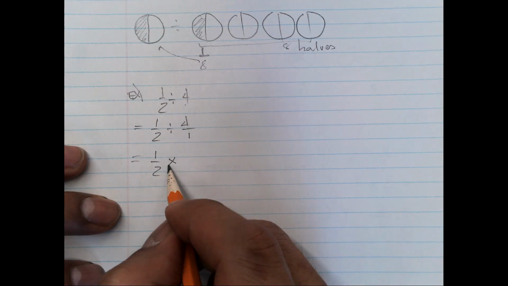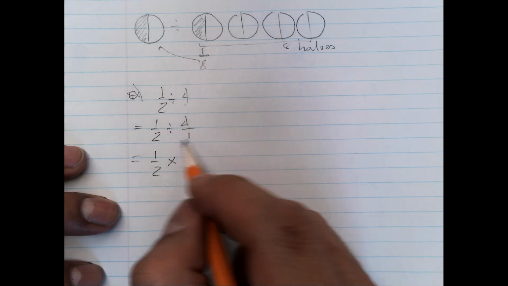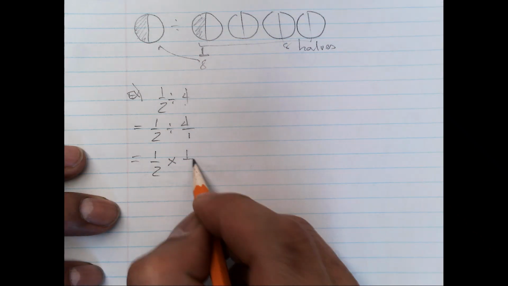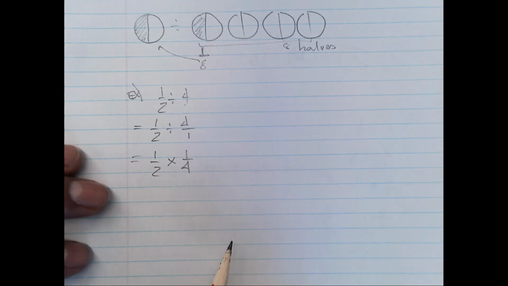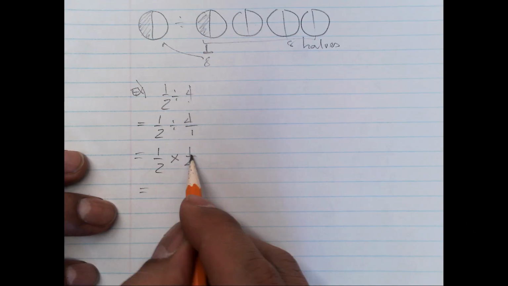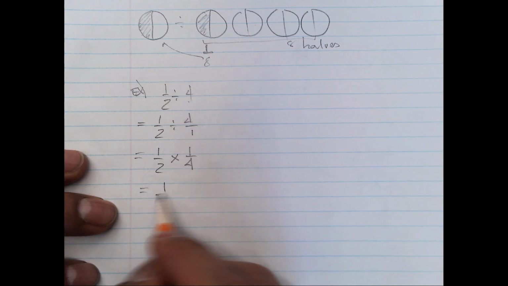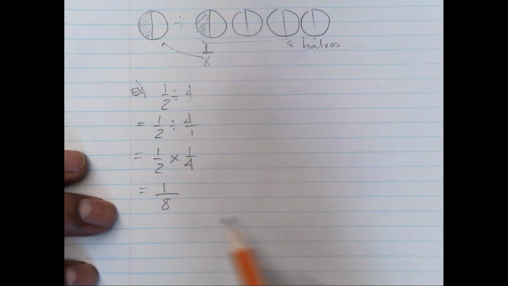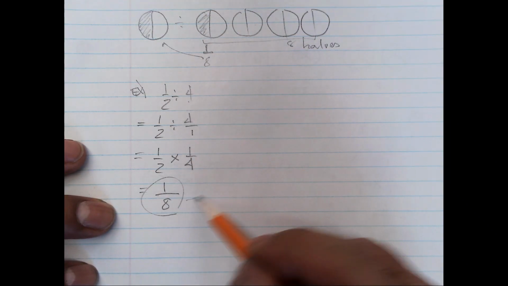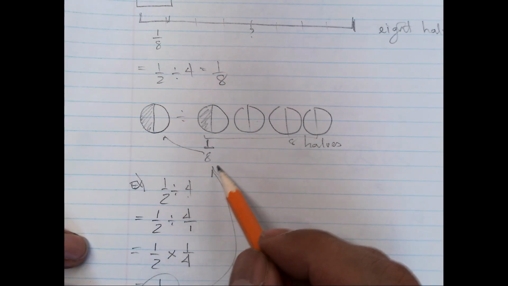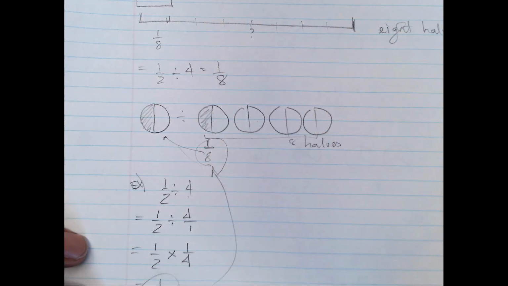Multiply by the reciprocal, or the turnover of 4 over 1, which is 1 over 4. Multiply numerators, 1 times 1. And multiply denominators, 2 times 4 is 8. And look, we were right. Only 1/8 of 4 can fit in a half. 1/8.